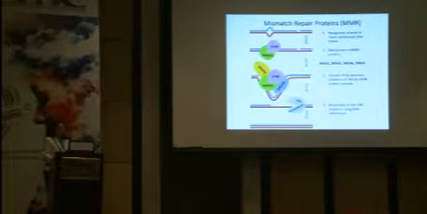Okay, so how is DNA damage repaired? DNA damage is repaired by mismatch repair proteins. Most commonly, they are MLH1, MSH2, MSH6, and PMS2.